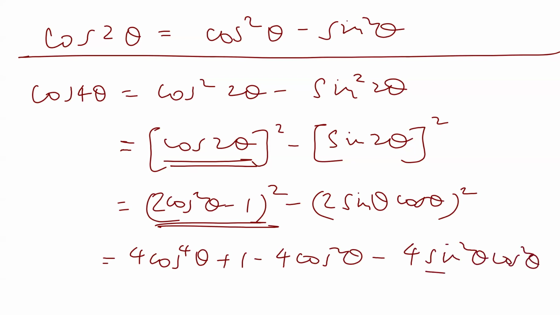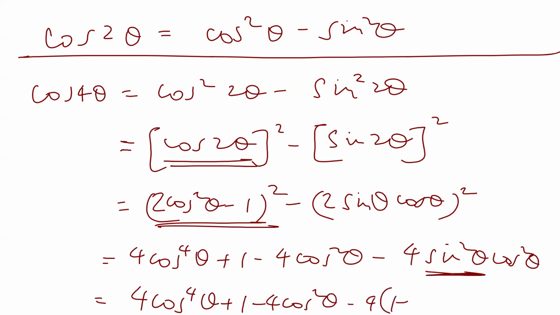Okay. Now the sin square theta, I'll just write it as 1 minus cos square theta. So 4 cos raised to 4 theta minus this entire thing. Put 1 minus cos square theta over here into cos square theta. Okay. Now you simplify this, multiply minus 4 cos square theta within the bracket.